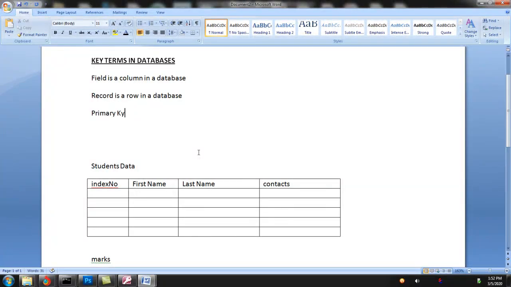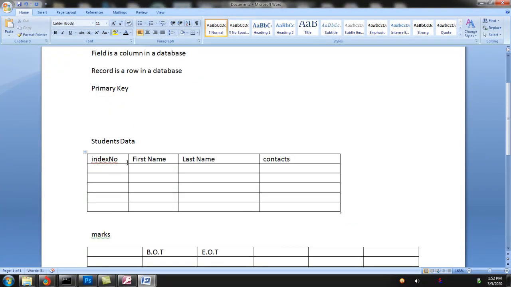And what's a primary key? A primary key is that field whose data uniquely identifies a single row. Take for example someone like Tom Luma, and we have his contacts as 25677.